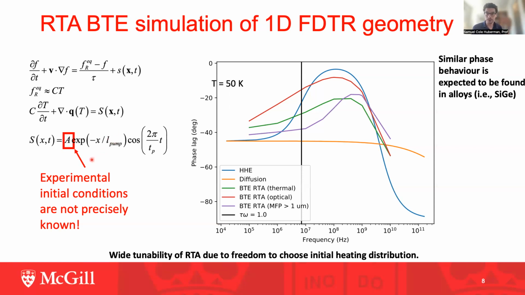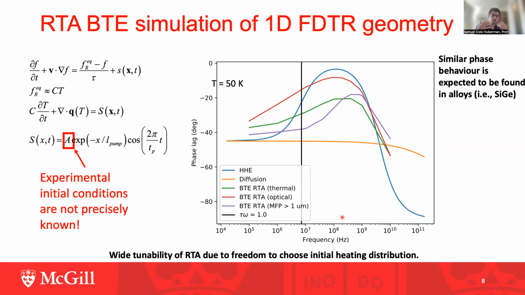So at this stage, we can still sort of arbitrarily choose this initial condition. The exercise here is showing that if we choose different conditions, we can reach different phases for a given frequency. So this leaves a lot of room in the tunability of the RTA solution to model the FDTR experiment. Now, the flip side is that it makes it very difficult for us to actually rule out the RTA as being incapable of modeling the phase for a given experiment.